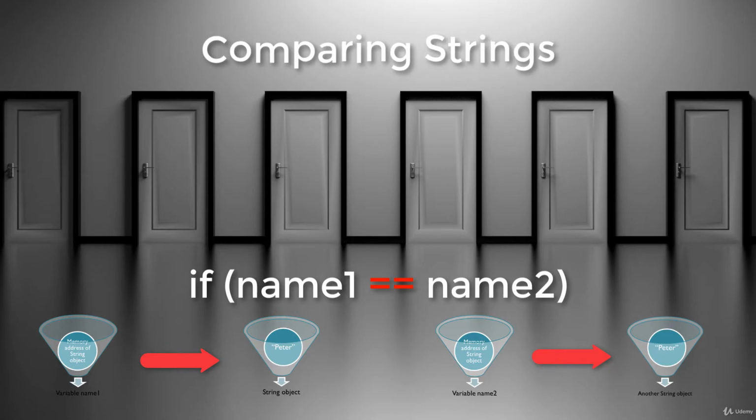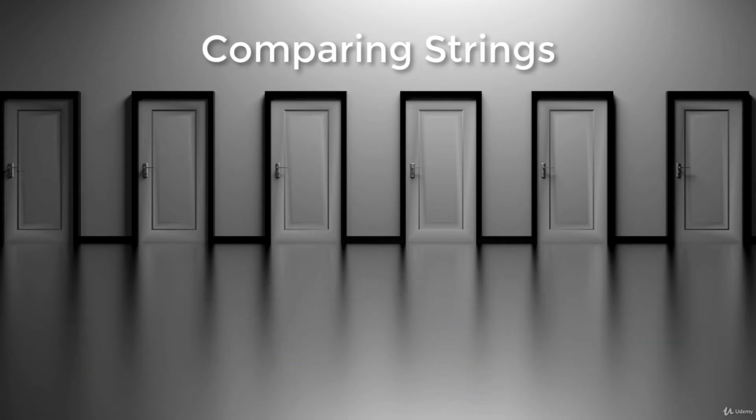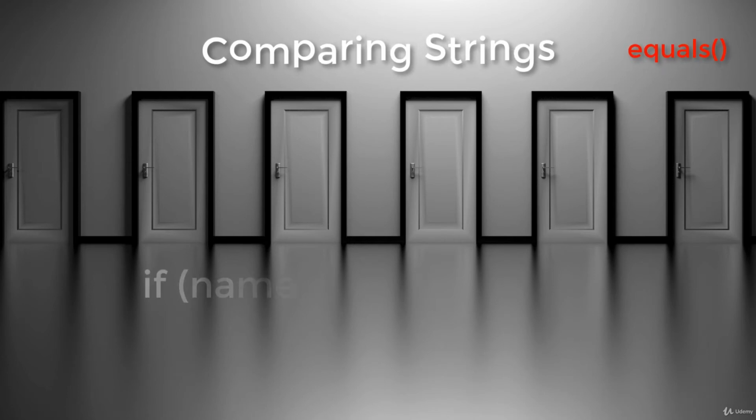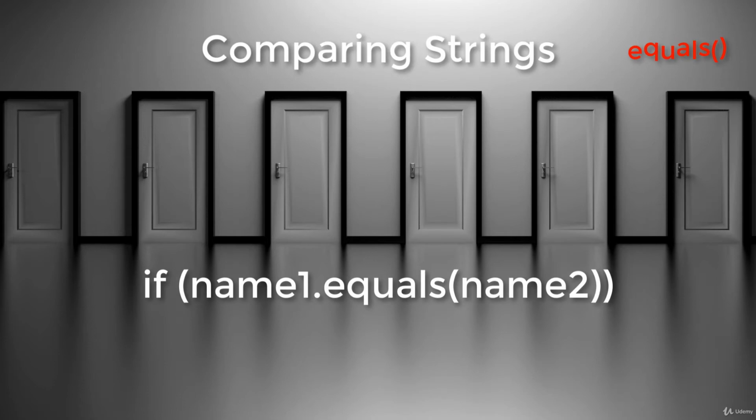So how then do we compare strings? Because strings are objects, we have some useful methods that we can use to compare strings. The first method is the equals method. Now look at the following example. If name1 dot equals name2 in brackets. Here we use the equals method on the string called name1, and we compare name1 with name2.